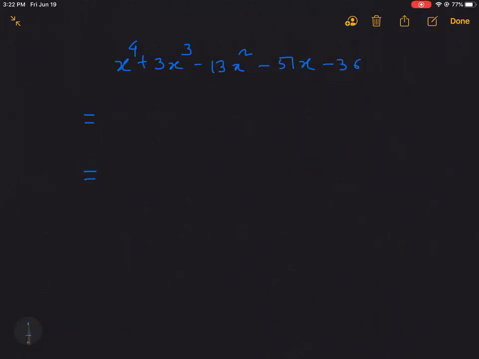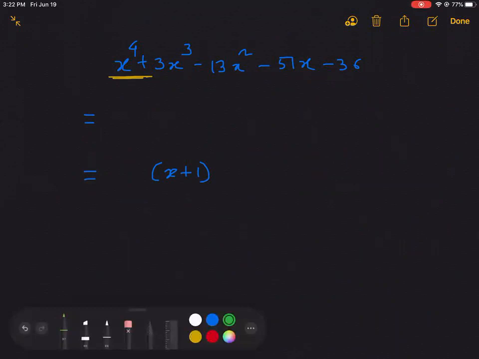So the idea is we write x plus 1 here, and we try to factor out from the first term on our hand. So from x to the 4, if I factor out 1x, what will be left? I'm factoring out 1x from this.